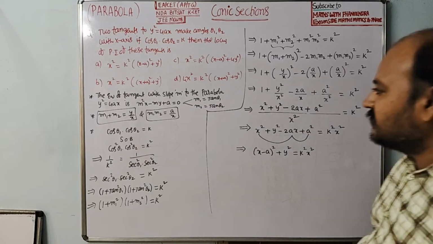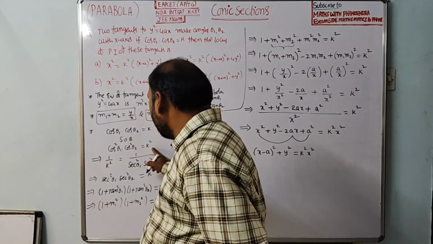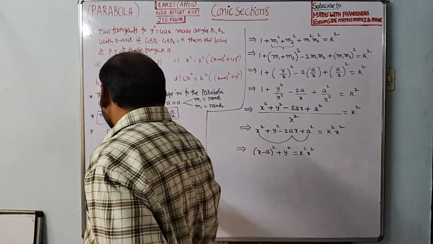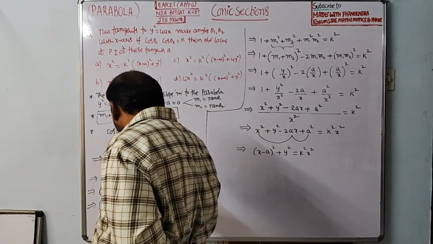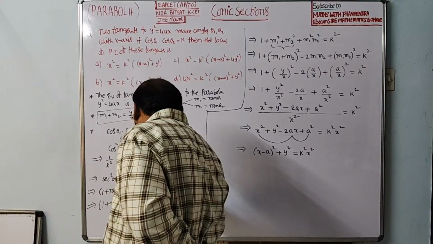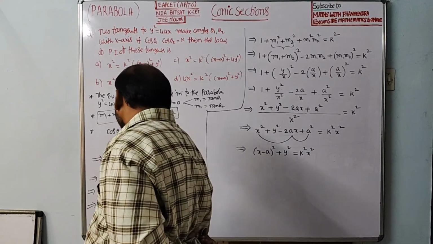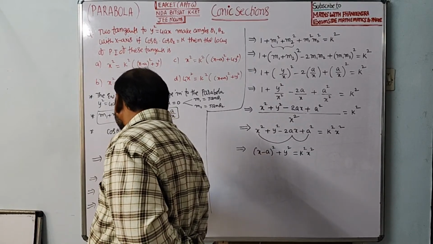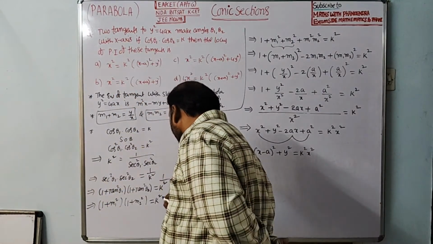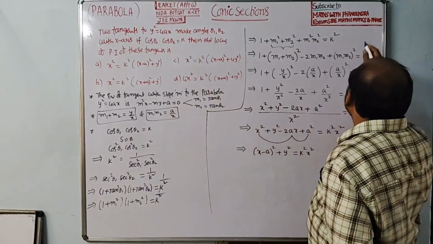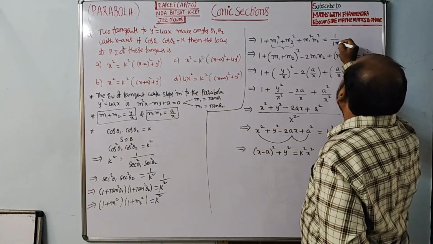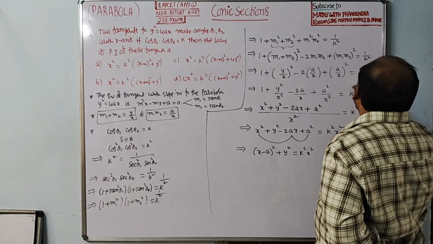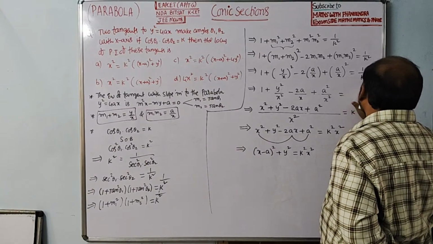Somewhere we made a mistake. Secant square means it is 1 by k square. I am very sorry, dear students, this is the way we made the mistake. Wherever k square is there, it should be 1 by k square.